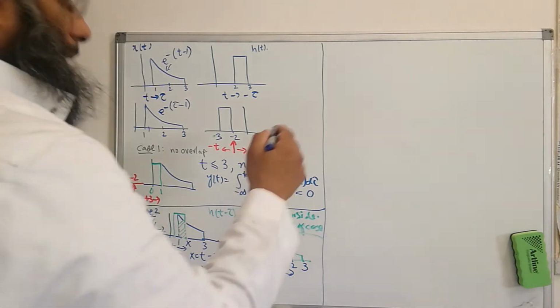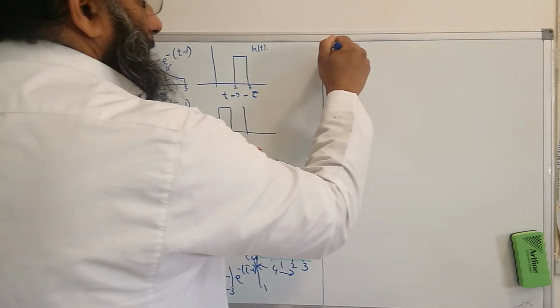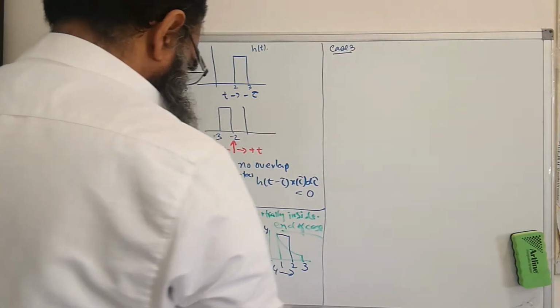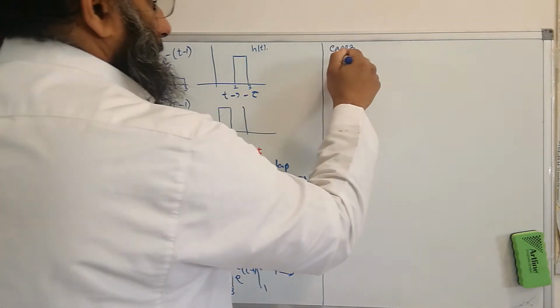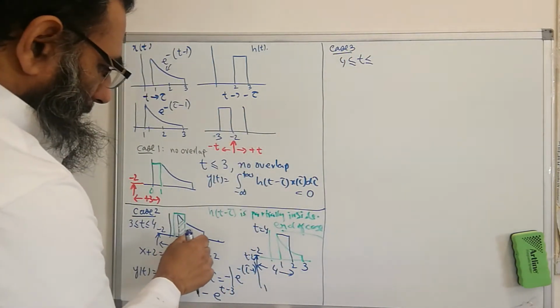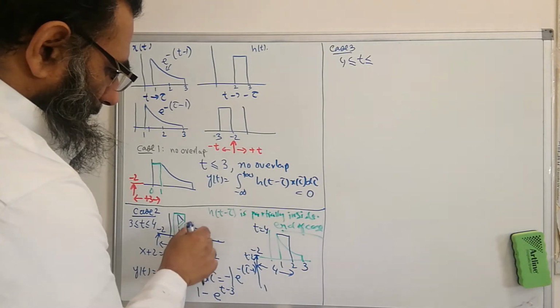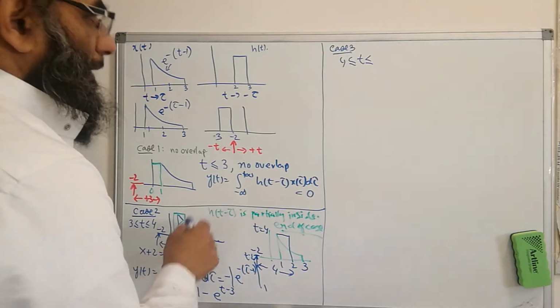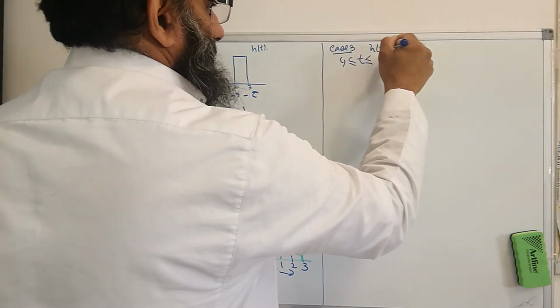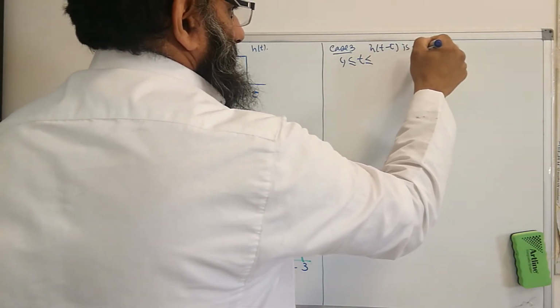So now the next case will be case 3, which will be greater than 4, but it will be less than the last case, which is when h of t minus 2 is fully inside.